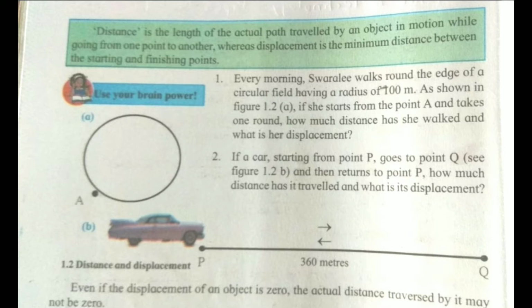But when the car comes back to point P, the starting position P and the last position of the car are the same point P. Then the displacement is 0, but the total distance traveled by the car is 360 meters from P to Q and 360 meters from Q to P, so the total distance traveled by the car is 720 meters.